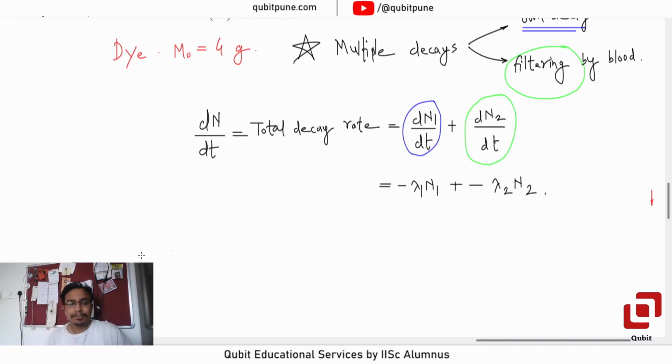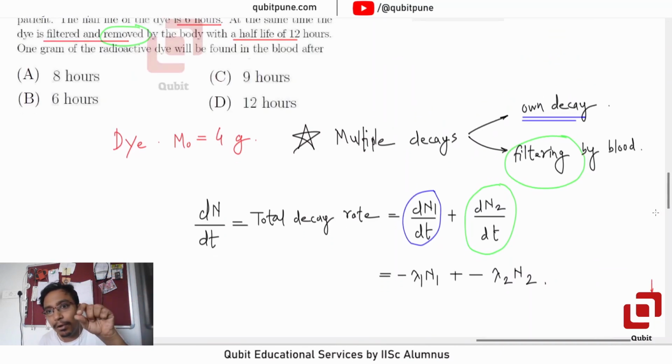Now look, why is taking lambda 1 N1 and lambda 2 N2 wrong? See, the decay process is not going to distinguish between an atom which is undergoing decay due to its own radioactivity or due to the action of the blood filtering.